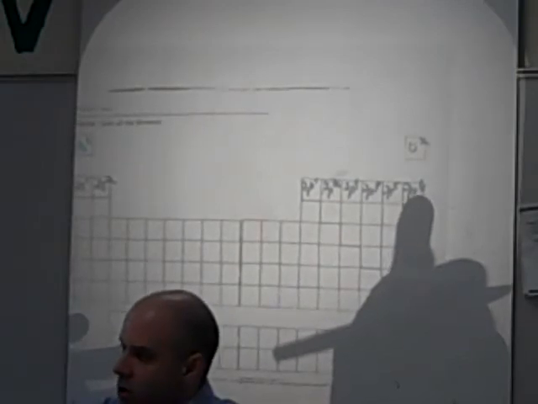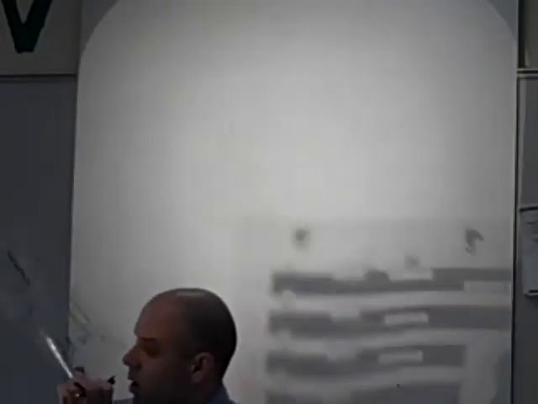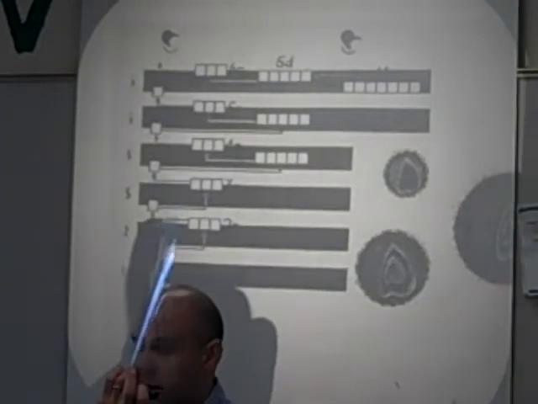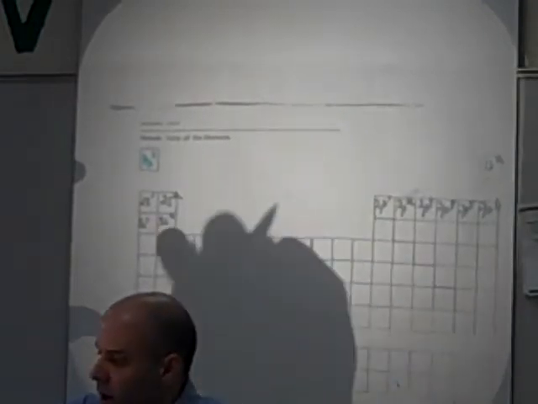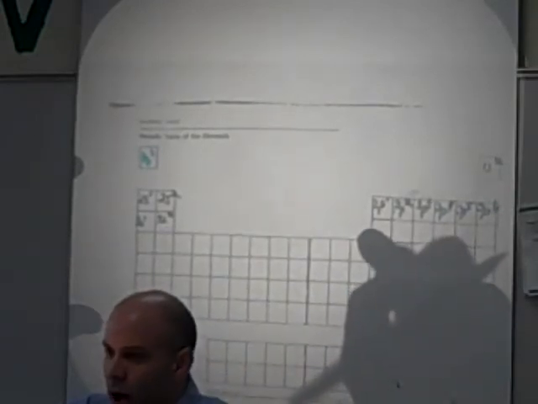After you fill 2p6, then what do we fill? The 3s. So then it becomes 3s1, 3s2, and then what do we do then? We fill the 3p.